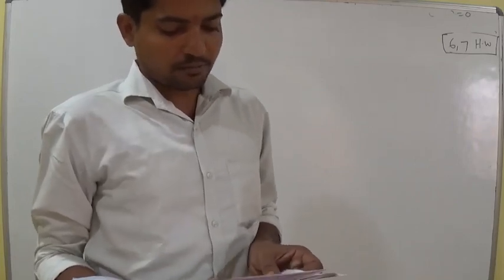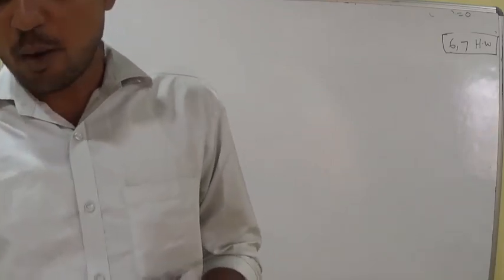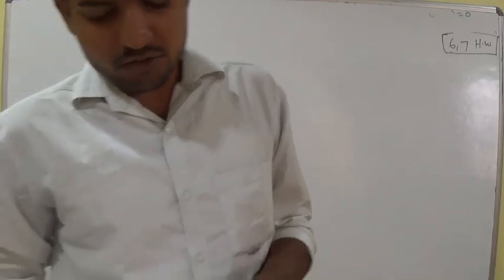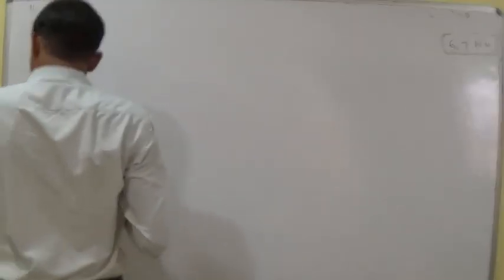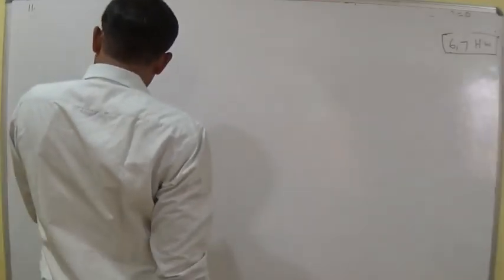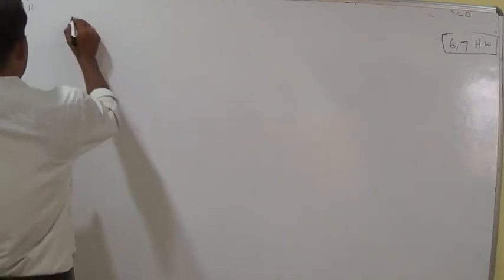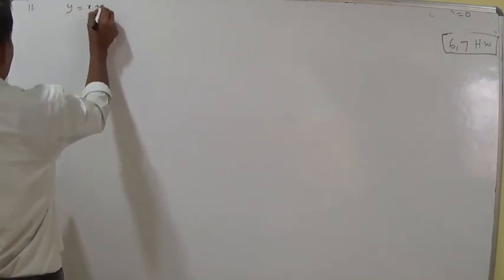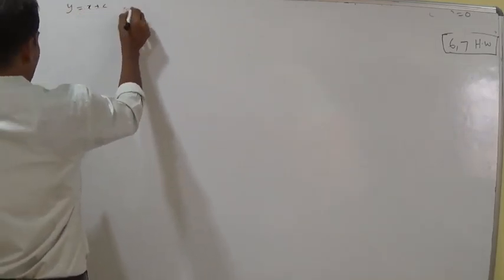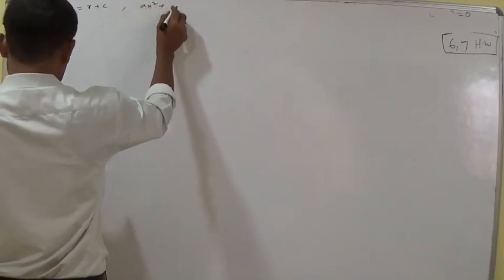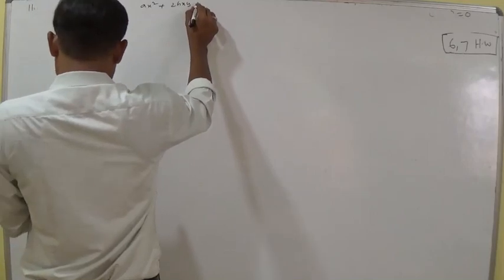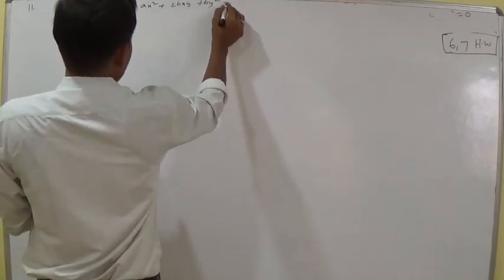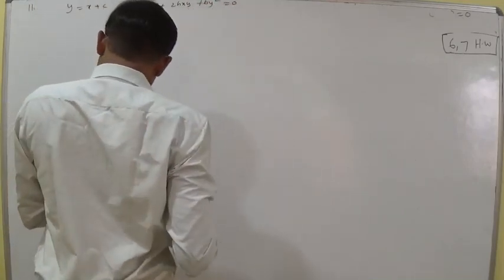So 11th one, the area of a triangle formed by the lines. This one will explain. 11th one, the area of the triangle formed by the lines y is equal to x plus c, comma, ax square plus 2hxy plus by square equal to 0.